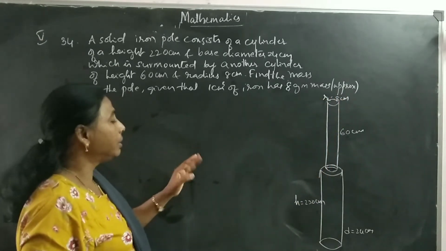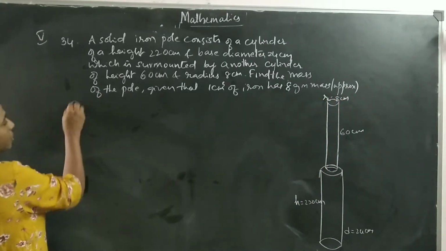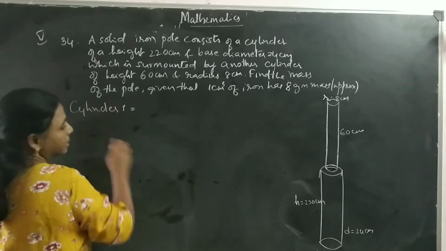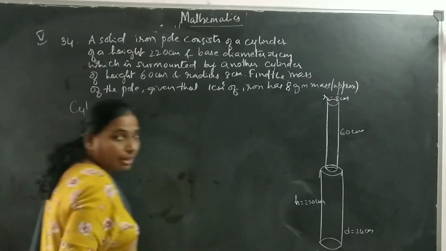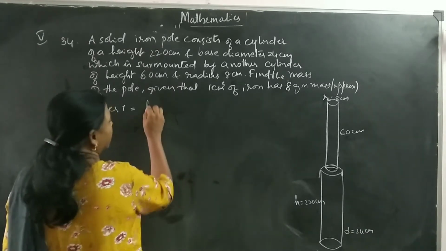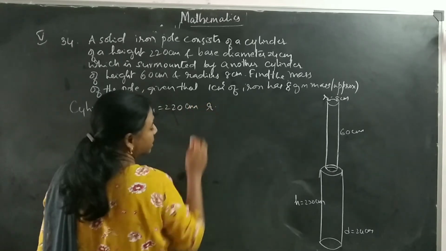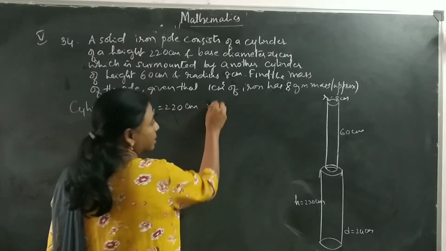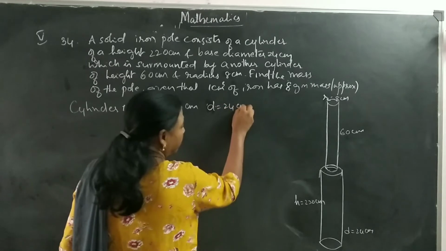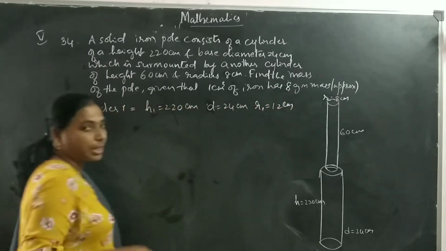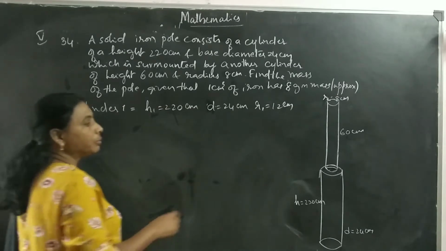Now what I will do, I will take cylinder 1 and cylinder 2. Let us take this as cylinder 1. What is given? H1, height 1 is 220 cm, and because the diameter is given as 24, the radius here is 12 cm, half of the diameter.